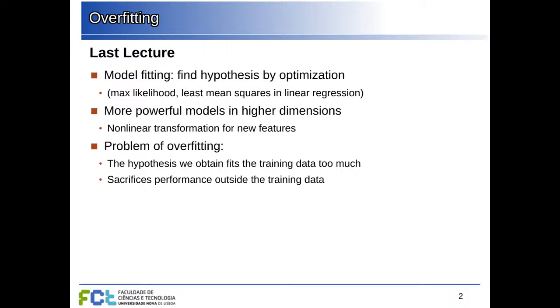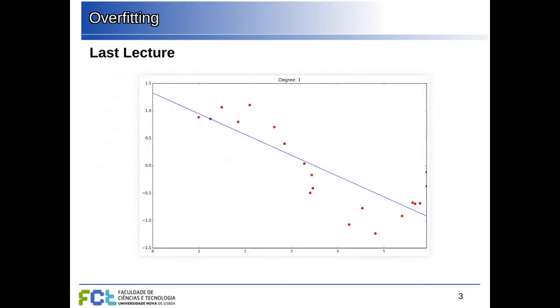If the power of the model is too much, the hypothesis will fit too well to the training data, and this sacrifices performance outside the training data. So basically this was the example we saw last lecture. If we use a very simple model, then we cannot adjust very well to the data. So with a straight line, we cannot fit these red points very well.